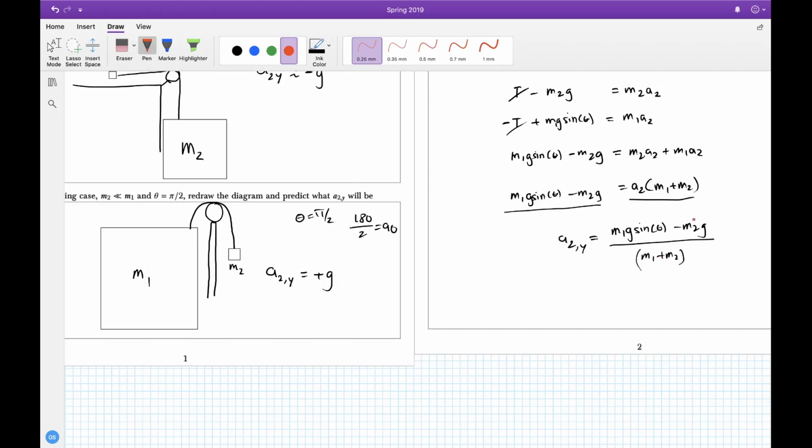If M1 is huge, that means this factor cancels out, and this factor becomes irrelevant. And at 90 degrees, sine of theta is just equal to 1. And now we have m1g over m1. These cancel out, and you get approximately positive g, which is what we predicted.